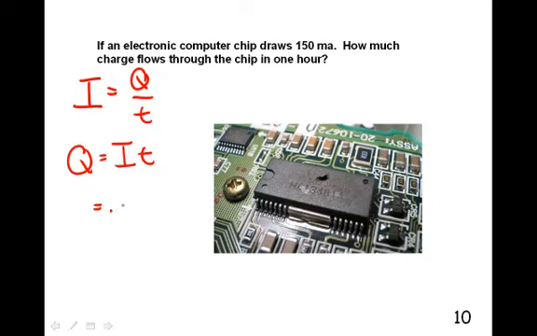The current is 0.150 amps, that's 150 milliamps, times the time, 3,600 seconds. 0.15 times 3,600 is 540 coulombs.